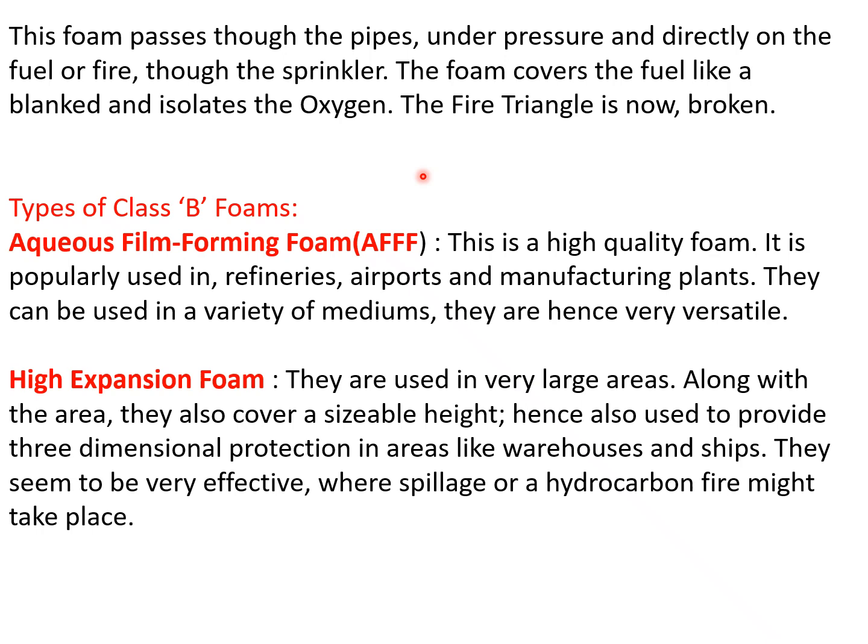They are used in very large areas. Along with the area, they also cover a sizable height. Hence, they are also used to provide three-dimensional protection in areas like warehouses and ships. They seem to be very effective where spillage or hydrocarbon fire might take place.